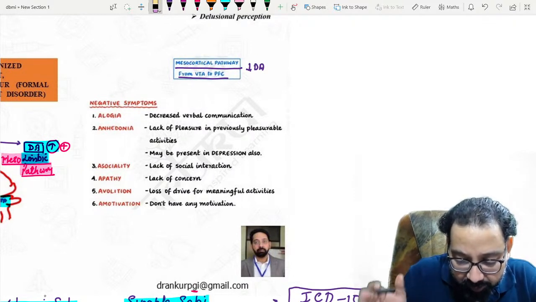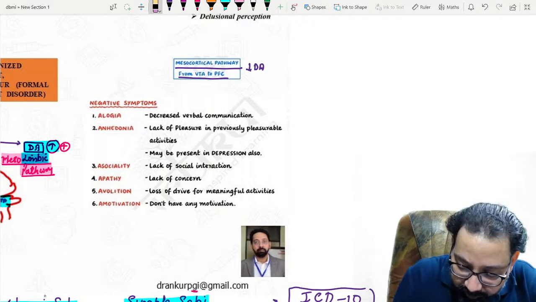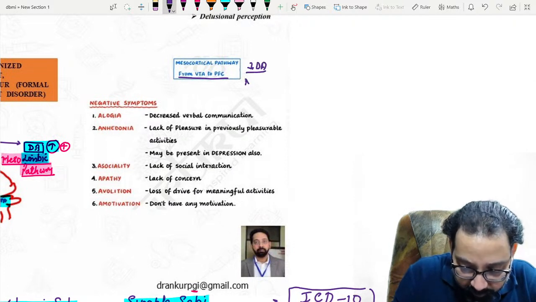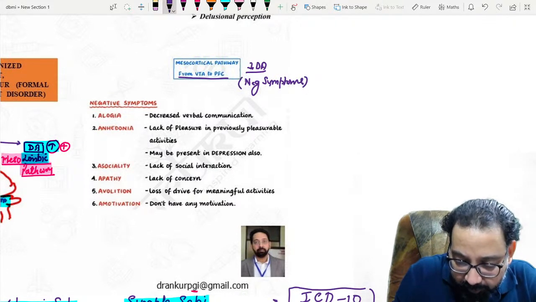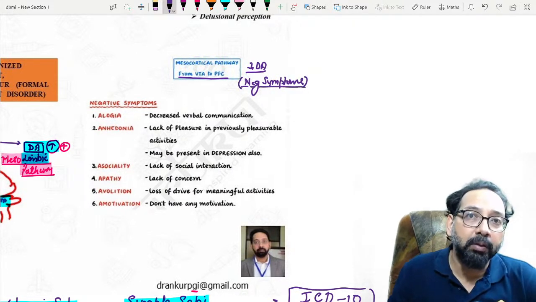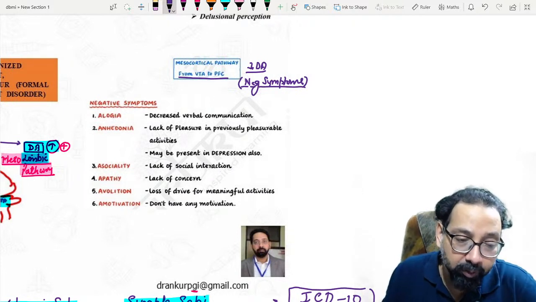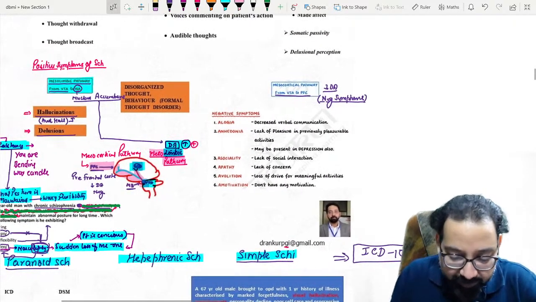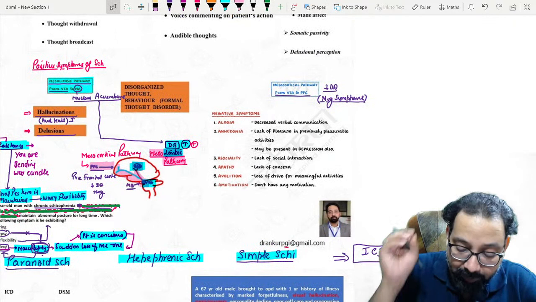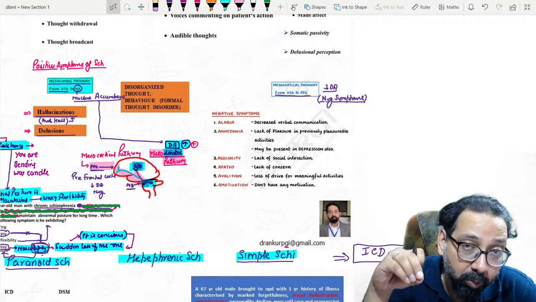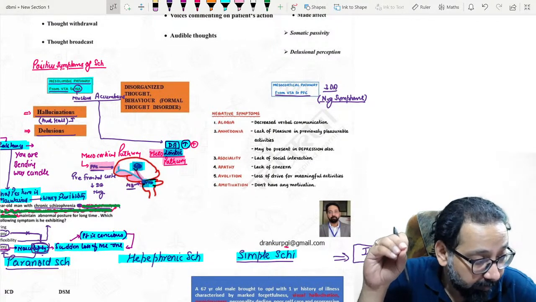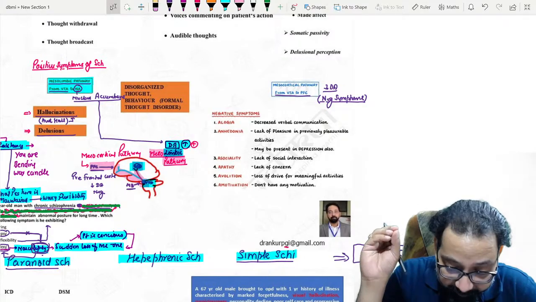Decreased dopamine produces negative symptoms. There are so many hypotheses for the etiology of schizophrenia. One very commonly accepted hypothesis is that increased dopamine at the mesolimbic pathway produces positive symptoms, and at the mesocortical pathway decreased dopamine produces negative symptoms.